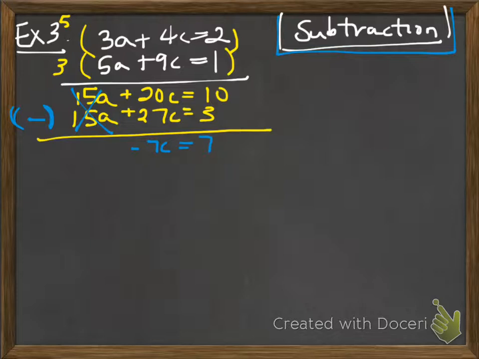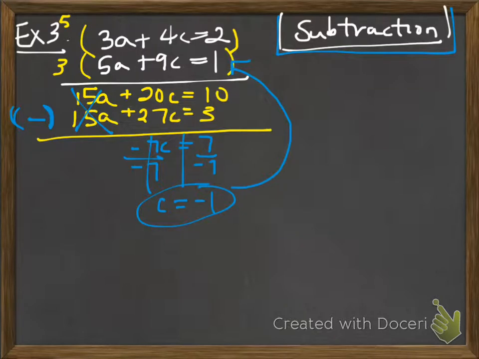So I subtracted all those instead of added all those, which works equally the same as addition, except you have to remember when to use it, when not to use it. So now I solve for C. I'm going to divide both sides by negative 7, and C is equal to negative 1.